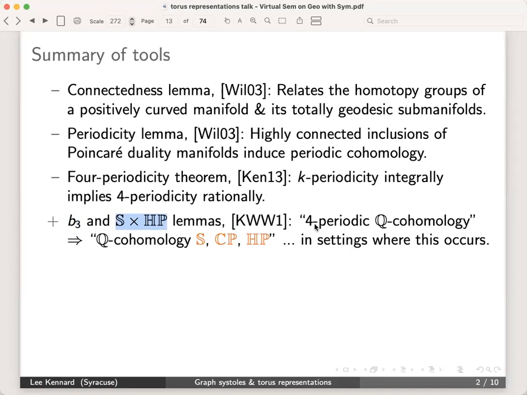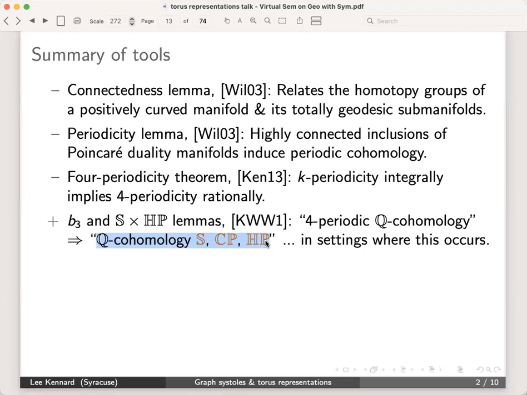So the short story is that 4 periodic rational cohomology implies that the cohomology ring is one of these 3 model spaces. In the settings, these lemmas have extra conditions, but in the settings where these occur, you put all of this together and you get these sorts of statements that the rational cohomology is standard.